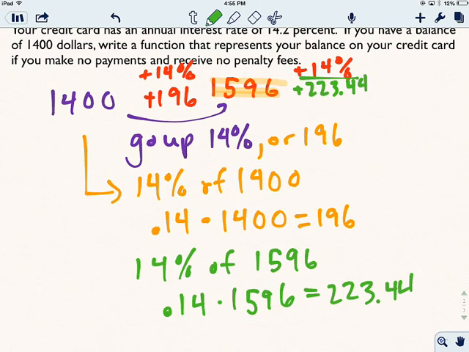So this big crazy thing is that when you are charged a constant percent interest rate, you pay more and more every year on it.